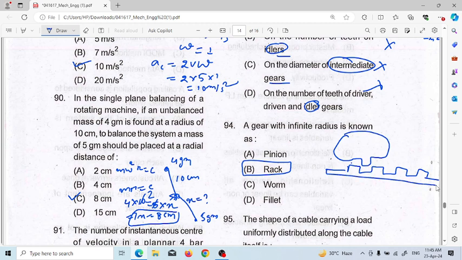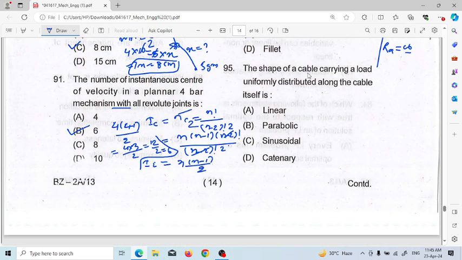This is the pinion and this is the rack. If you draw the figure diagram, the rack has infinite radius, so the answer will be rack. The shape of a cable carrying a load uniformly distributed along the cable itself is catenary.